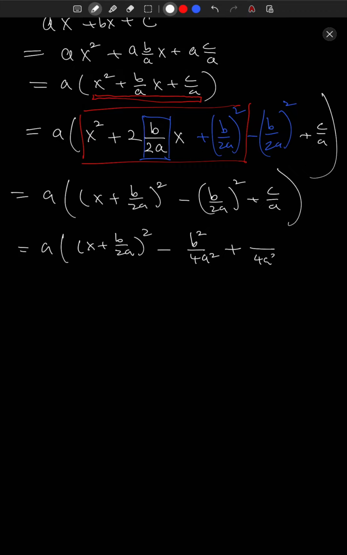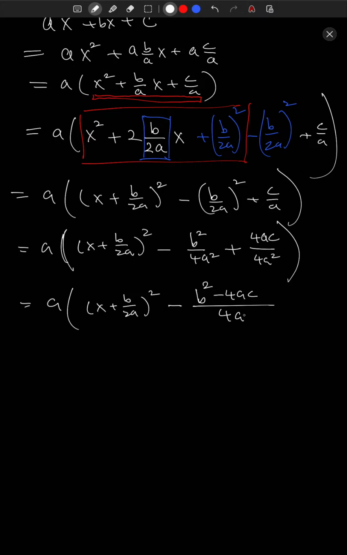So this is 4a squared, 4ac. Okay, so ultimately this becomes a times x plus b over 2a whole thing squared, and then plus, how should I write this? Let me write it like this, minus b squared minus 4ac over 4a squared.